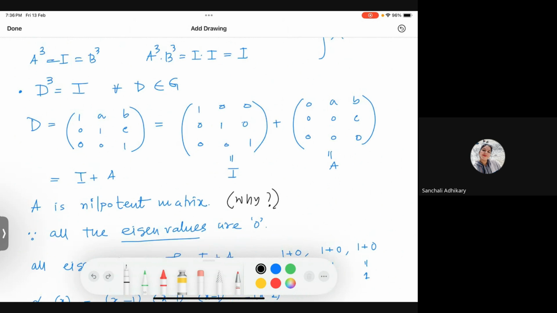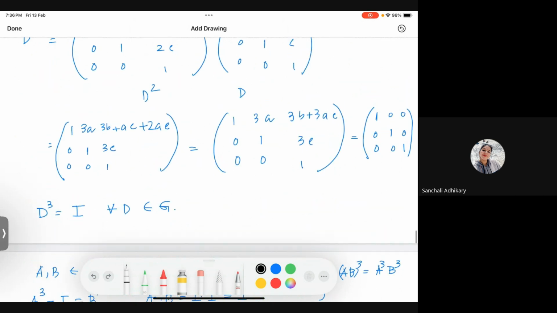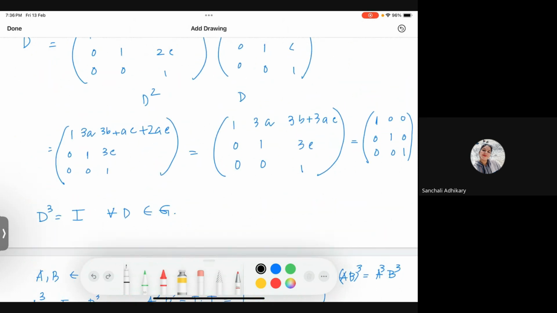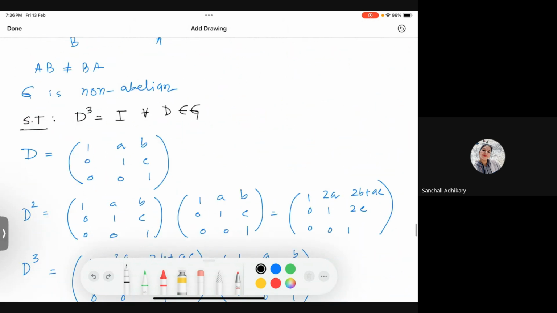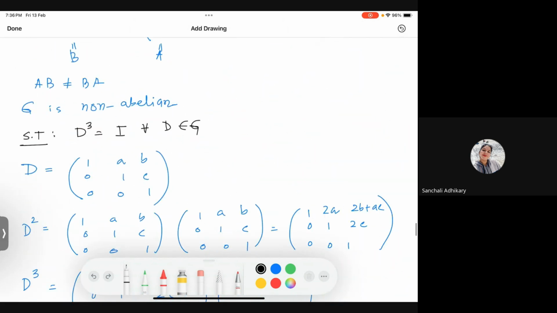In this lecture, I will only discuss the second part, how to use linear algebra here. Okay. So observe in this group, D^3 is equal to identity.